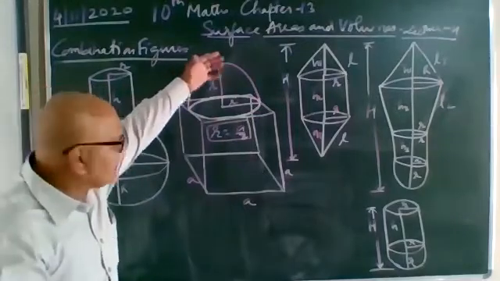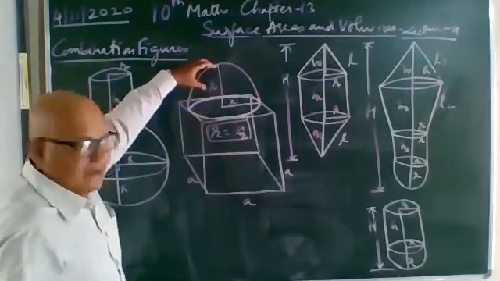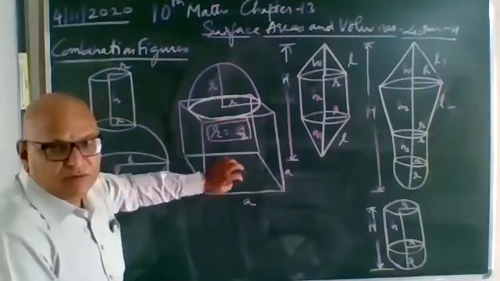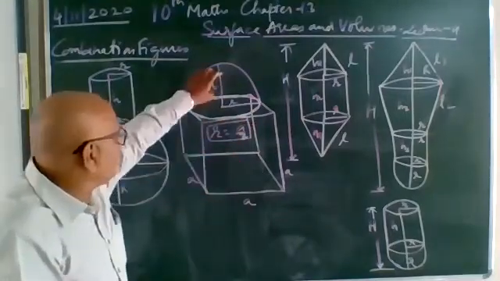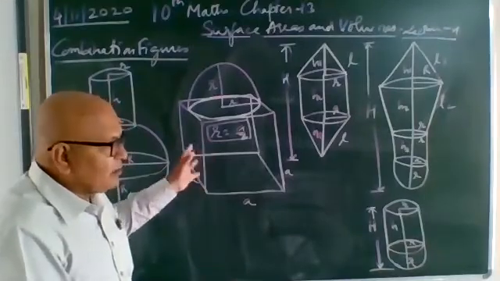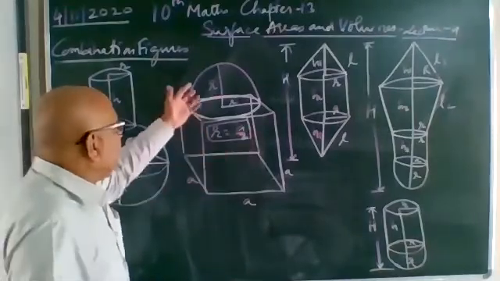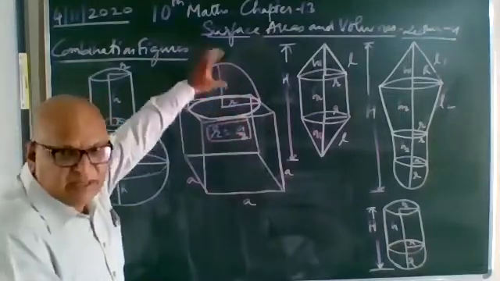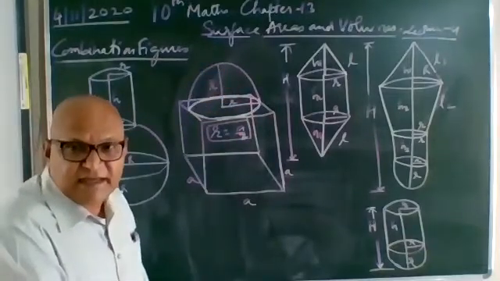Now maybe a depression will be there, in this figure, the hemispherical part. If I ask you the volume, then it is volume of this plus volume of this. But if I ask you the area, what will the area be? The area will increase. Understood? And a depression is there, and the question is to find the area.